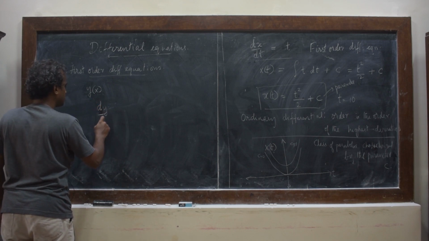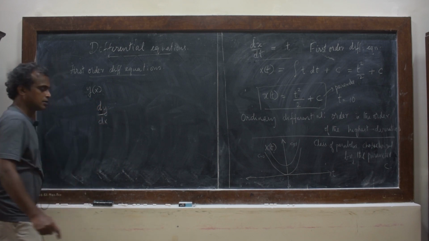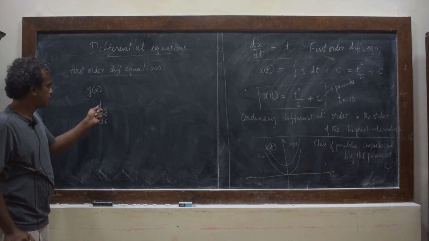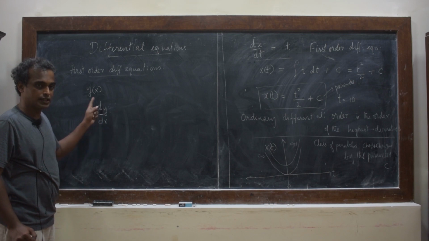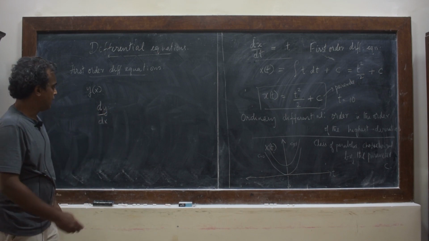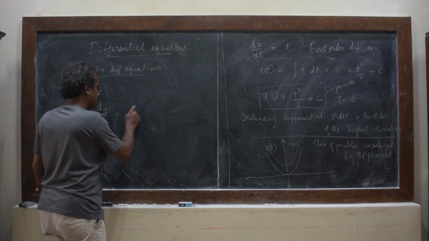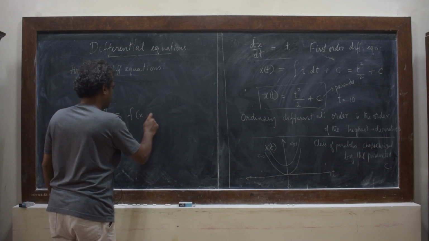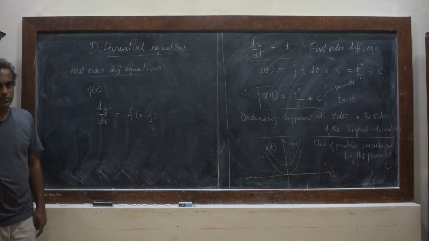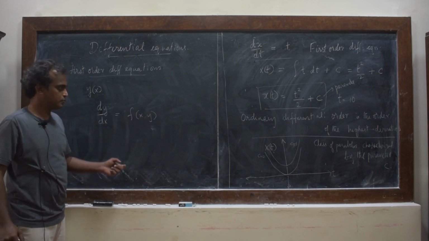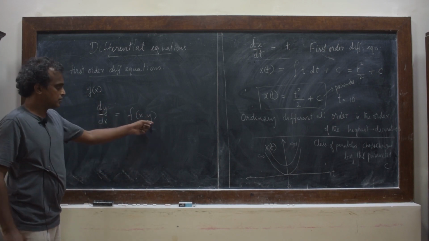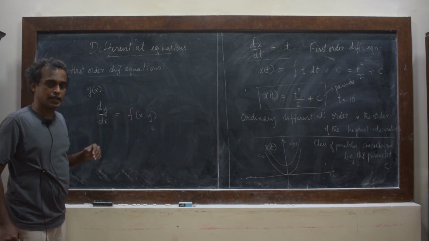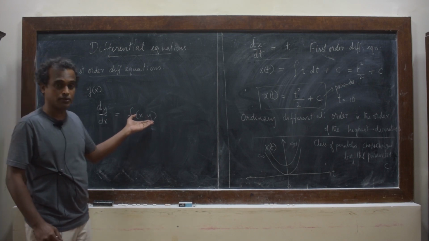Hence, we could expect the differential equation to involve the first derivative of y with respect to x, indicated by dy by dx, and it will in general be stated as a function of x and y. Observe that on the right hand side we could expect lower order derivatives of the unknown function, which in this case is the 0th order derivative, the function y itself.